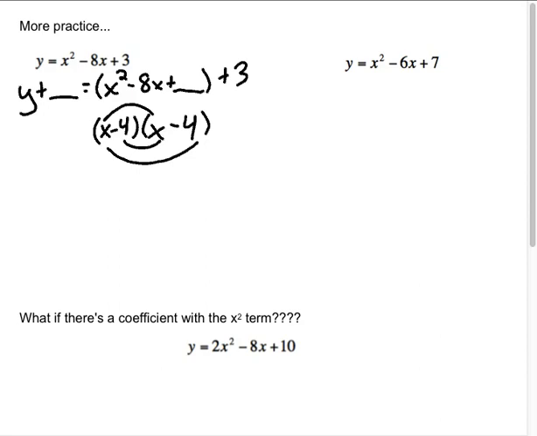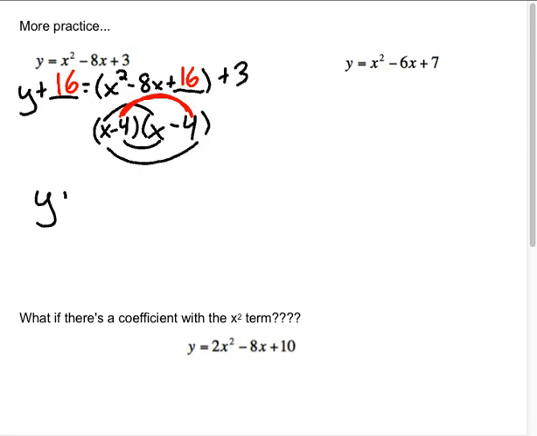So negative 4x minus 4x is where that negative 8x comes from. And now this connection right here is a special connection that tells me what I'm adding to both sides. That's that b divided by 2 squared value that we needed.